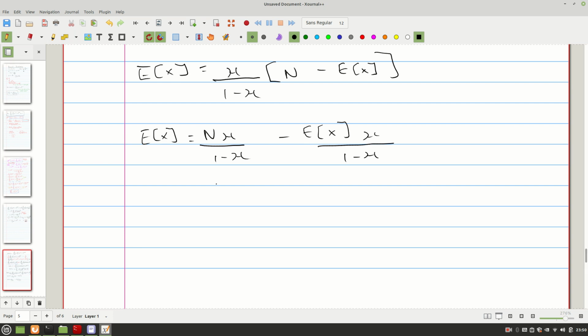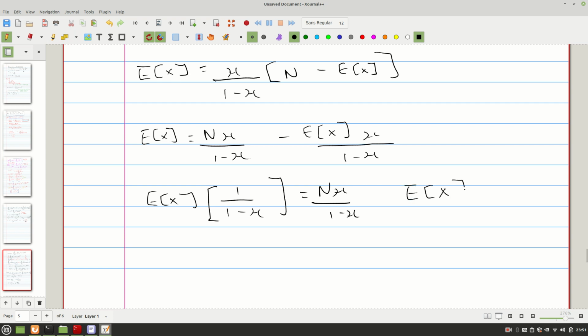So we take this to that side and we end up with the expectation of x being equal to 1 times 1 over 1 minus mu. This should be n mu over 1 minus mu. Okay, we're adding these terms up, which means the expectation of x is equal to n times mu. So we've proven what the value of this is.